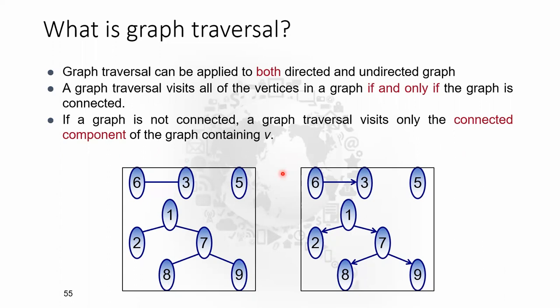Of course, if it's not connected, then you cannot go to those nodes, right? Only the ones that are connected, like 3. Only 6 can travel to 3. 5 is so lonely over here, so you can't travel to 5. And it also depends on the arrow. Let's say 6 to 3: you can only go from 6 to 3, but not 3 to 6.